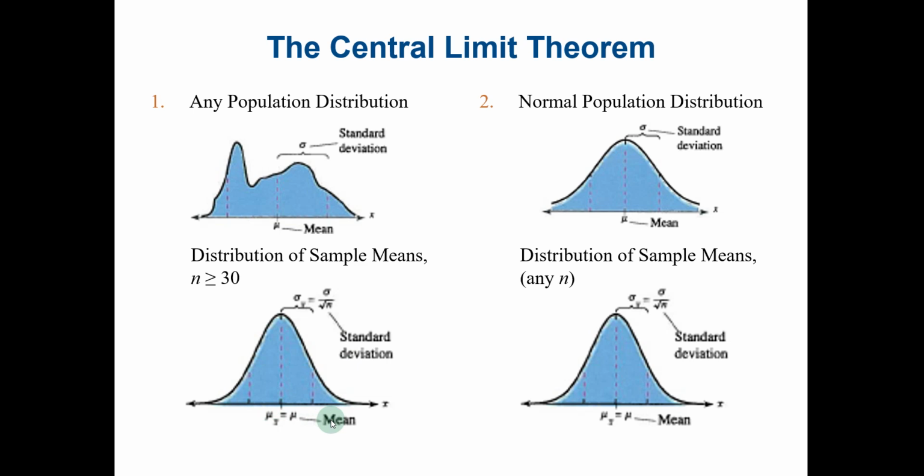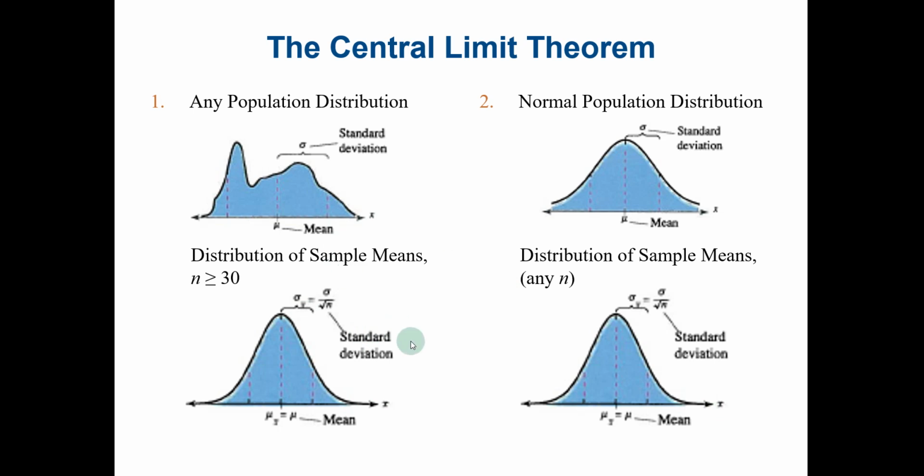There's no calculation to be done. Just use the average of the initial population distribution. On the other hand, if you are told to calculate the standard error, or the standard deviation, simply do sigma, the population sigma that you had here, divided by the square root of the sample size. All these values are always given. That will give you the standard deviation of the distribution of sample means.